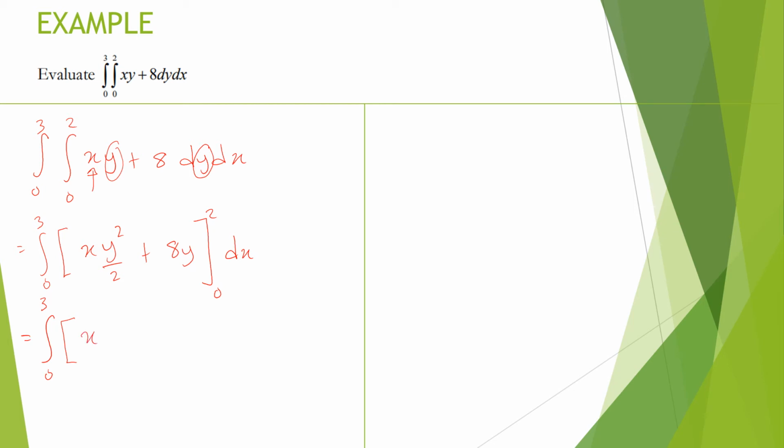So x times 2 squared over 2 plus 8 times 2, minus x times 0 squared over 2 plus 8 times 0. Okay, simplify.